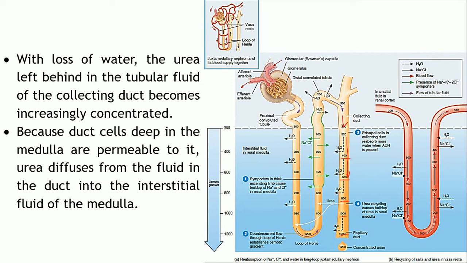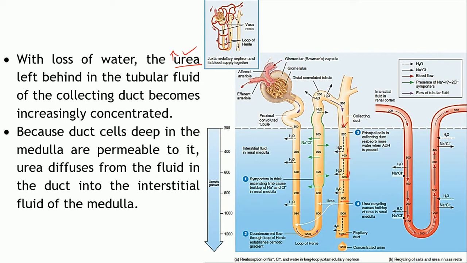Now urea is one of the important components present in the fluid here. As water leaves the tubules, the amount of urea in the tubular fluid keeps increasing. So the solution becomes more and more concentrated.